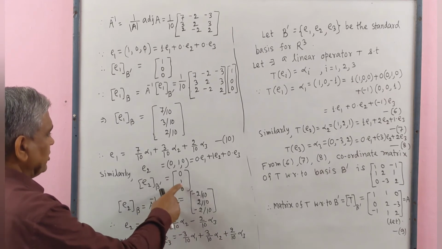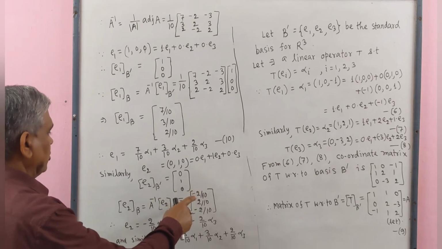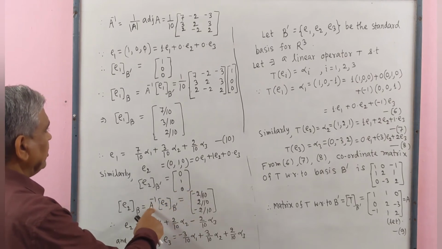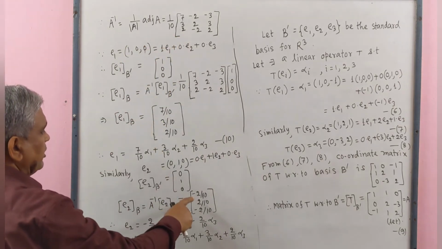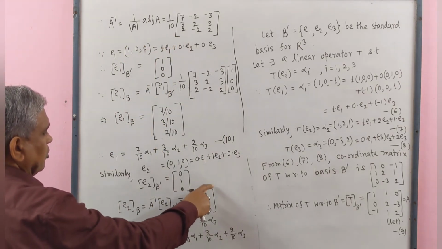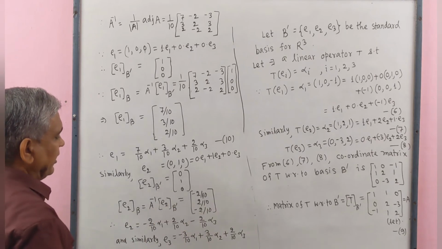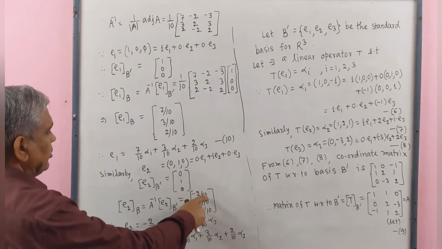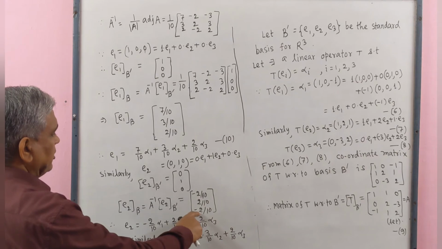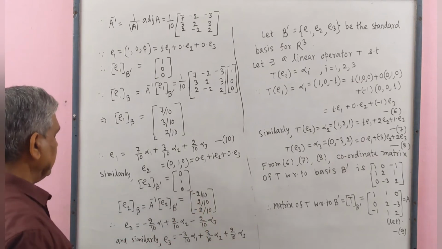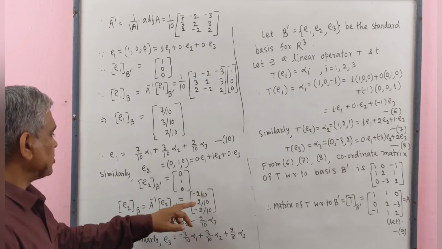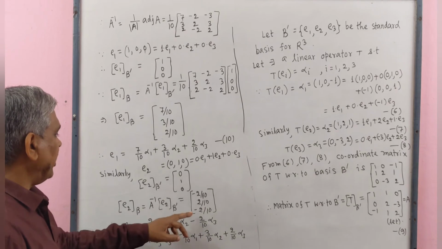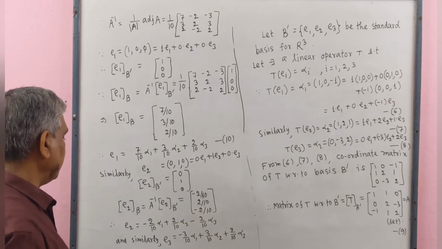Multiplying with A inverse, we get a column matrix containing minus 2 by 10, 2 by 10, minus 2 by 10, and then e2 equals minus 2 by 10 alpha 1 plus 2 by 10 alpha 2 minus 2 by 10 alpha 3.